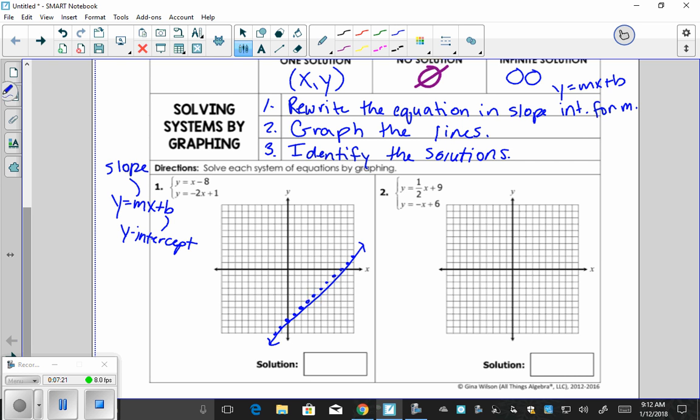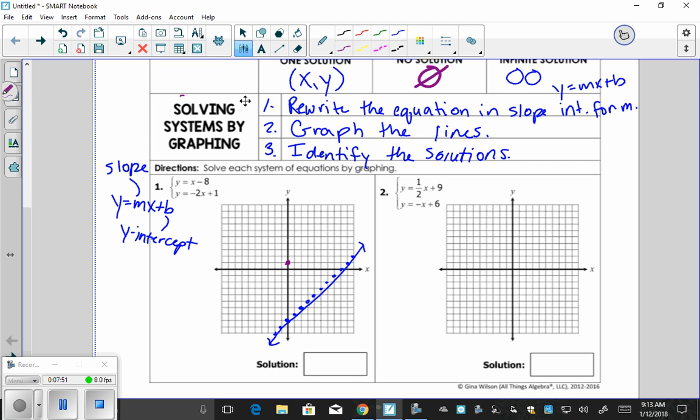Okay. I'm going to switch colors. Second equation. y equals negative 2x plus 1. What's my y-intercept? 1. Put a point at positive 1 on the y-axis. Okay, what's my slope? Negative 2 over 1. So then I do what? You always go right.